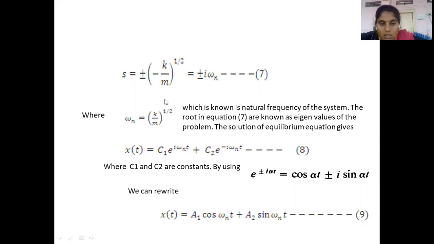Please do it fast. Calculate the values of s1 and s2 in terms of plus and minus values from this equation number 6.